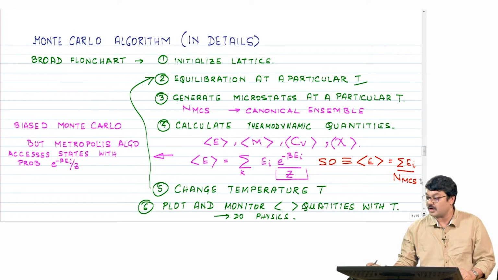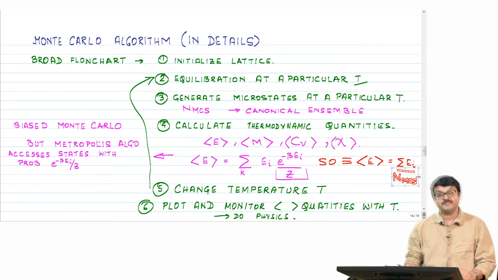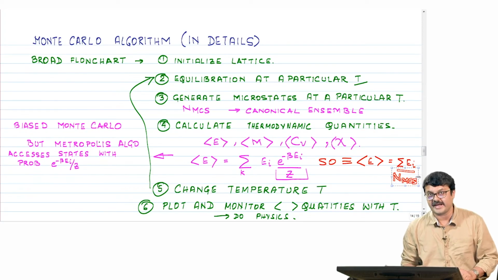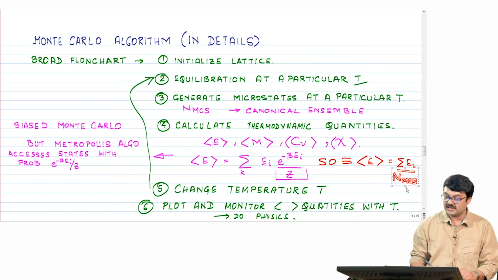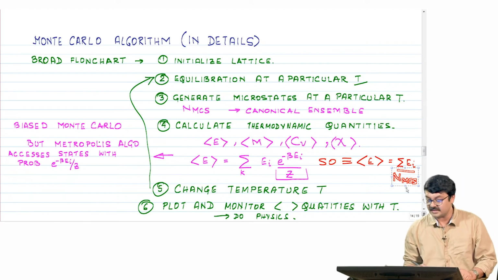And you can control how many iterations you want to give for the system to remain at that temperature. So, how many microstates you want to generate at a particular temperature, you can control that, and how this is done and how this is chosen, we shall discuss later.